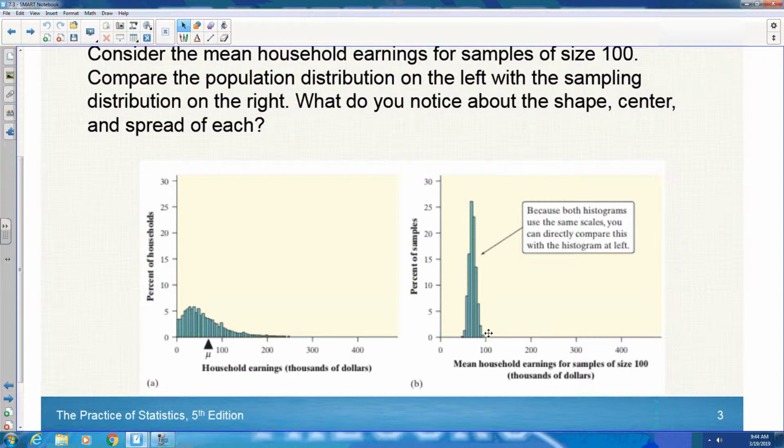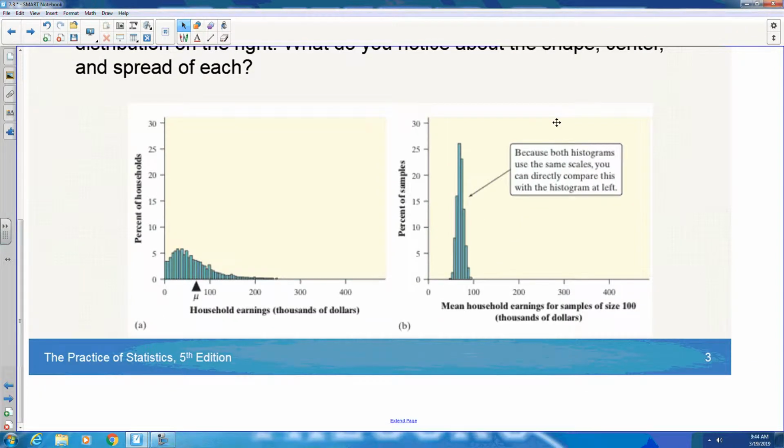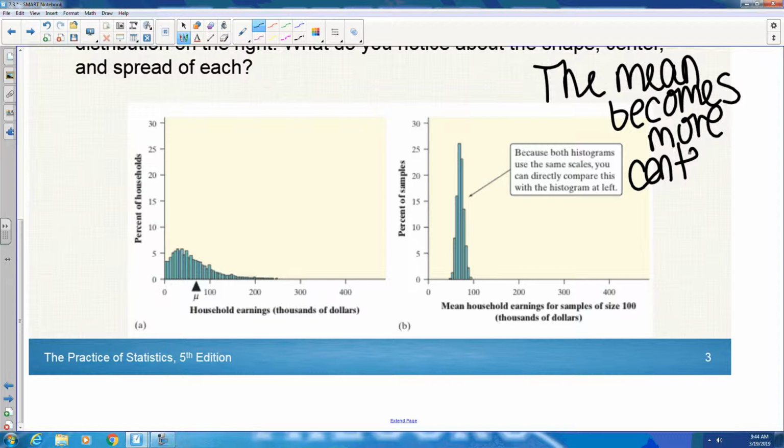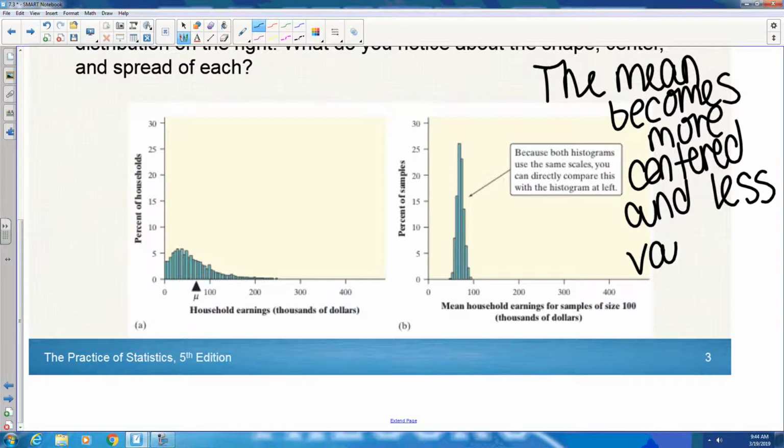The mean of the distribution becomes more centered. And the distribution itself, looking at spread, is less variable. The larger your sample size is.